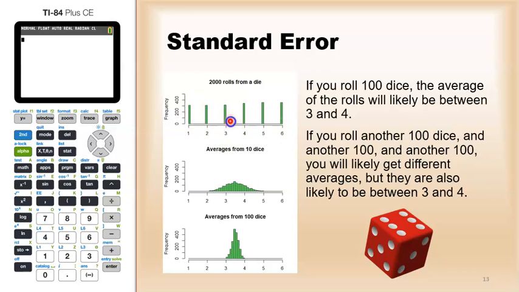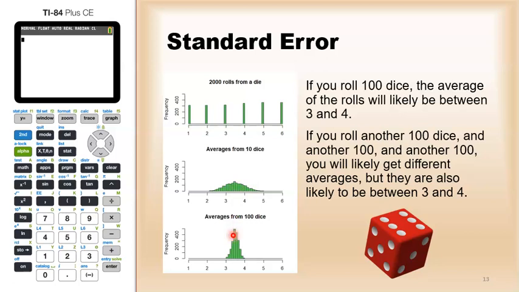and so things are going to be fairly spread out. Now, if you roll 10 dice and find the average, roll 10 dice and find the average, roll 10 dice and find the average, you get something that looks fairly normal, unimodal, symmetric, but it's a little bit tighter now than the original distribution. Most of the values are between 3 and 4, not too much outside that.